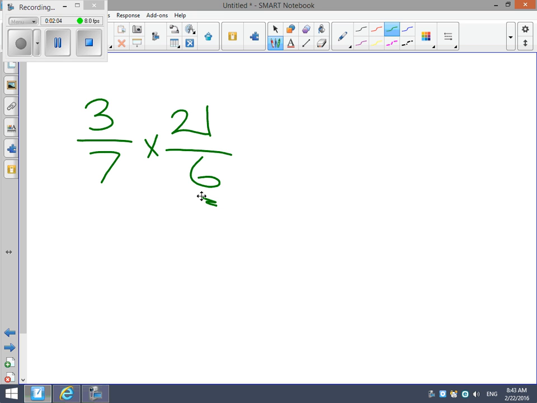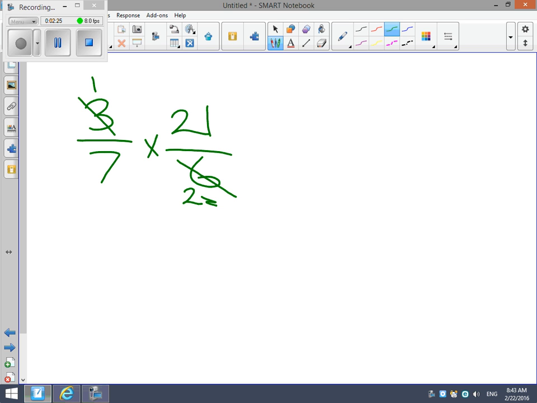So to keep our work neat, we neatly cross out the 3 and say to yourself, 3 goes into 3 one time, and we write the new number down. And 3 goes into 6 twice, so we cross out the 6 and write a 2. And now we have 1/7 times 21 over 2.